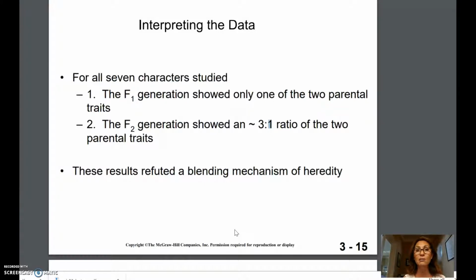Now, one thing that you need to be aware of is the level that Mendel was looking at was simply flower color, height. There are numerous factors that can influence these particular traits, which we'll get to later on. These particular traits are either-or traits, all right? So the trait is going to be dominant or recessive.